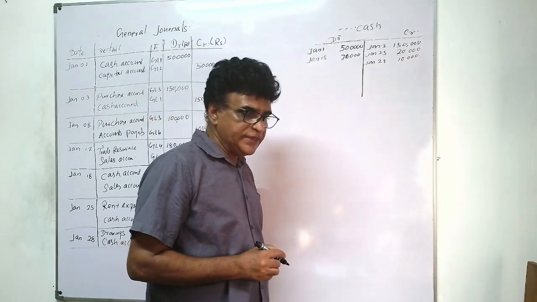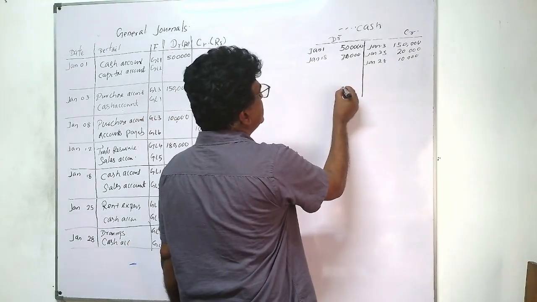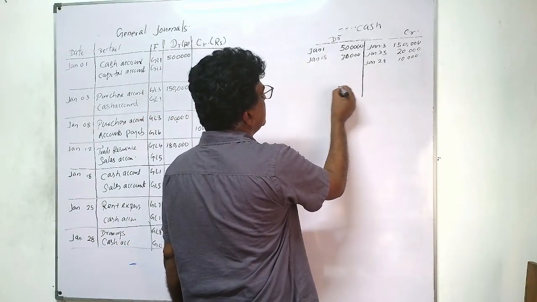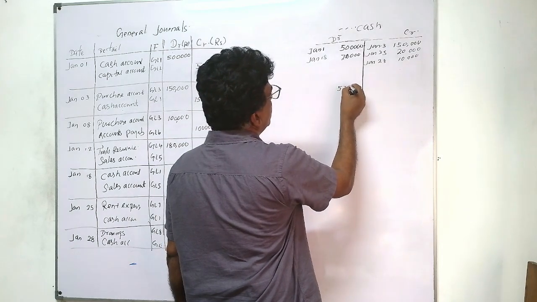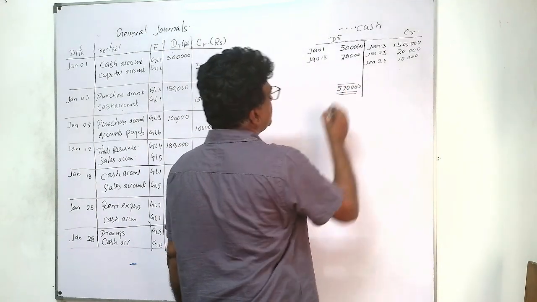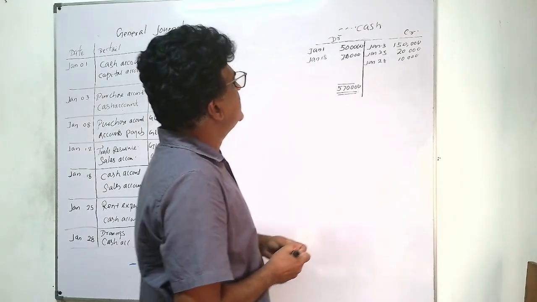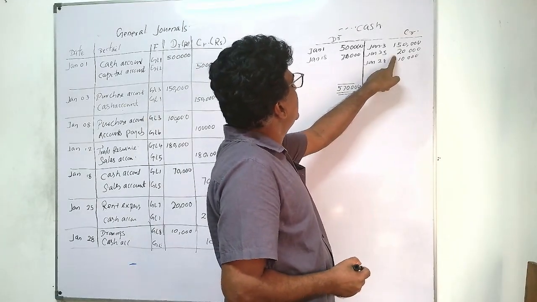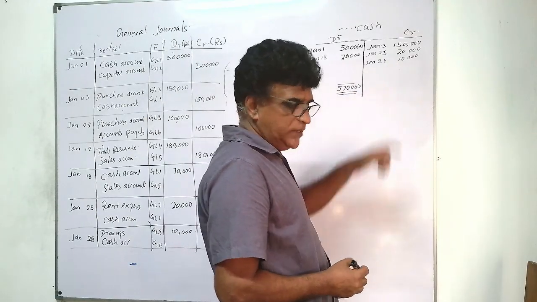Right? What is the balance? Here the total is 570,000. Here balance is 580,000, right?